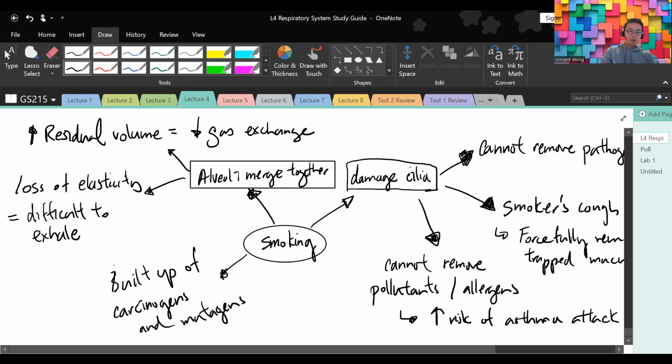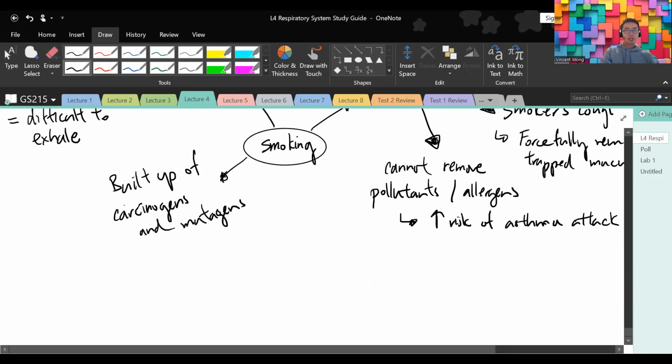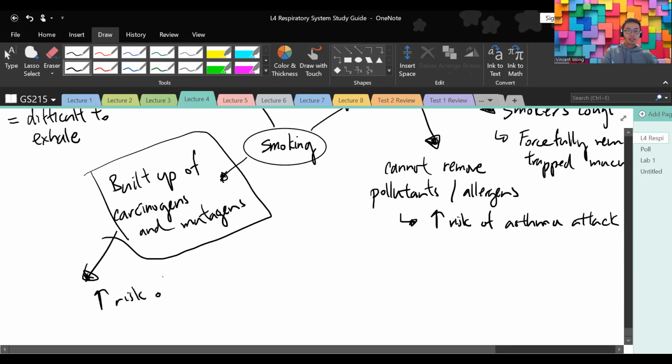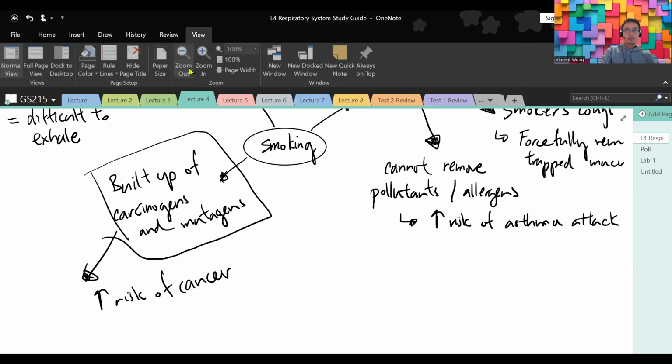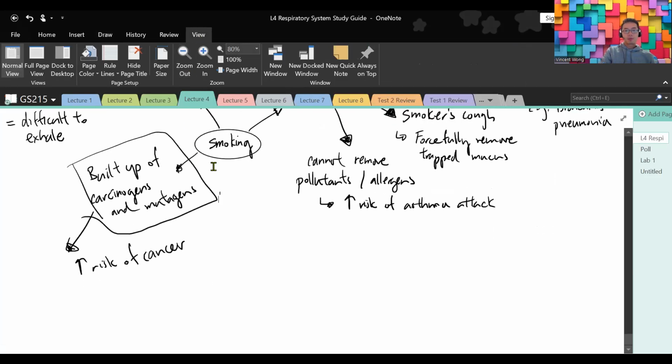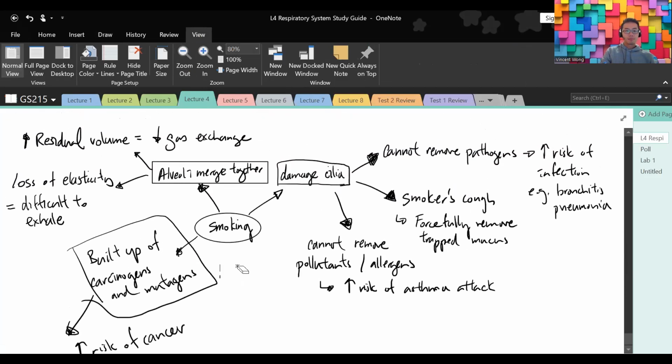So things that could cause cancer, things that could damage your DNA, and of course, what that does is it will lead to an increased risk of cancer. I mean, those are the main things. Of course, we can talk a lot more about it, but I think that's sufficient.